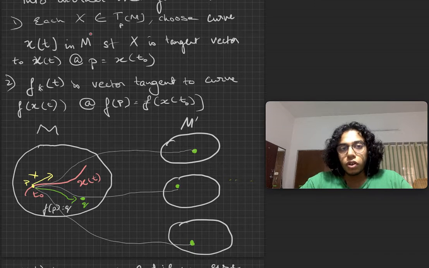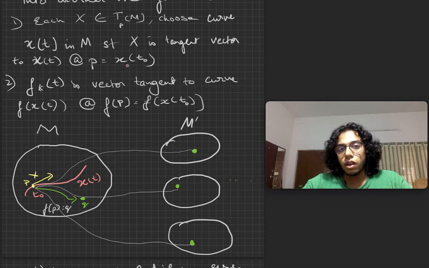For each x belonging to the tangent space of M, choose the curve x of t in M such that x is the tangent vector at p, where x of t naught equals p. Remember earlier when we defined the tangent space, you take this parameter x of t naught equal to p and then define the tangent space upon this.